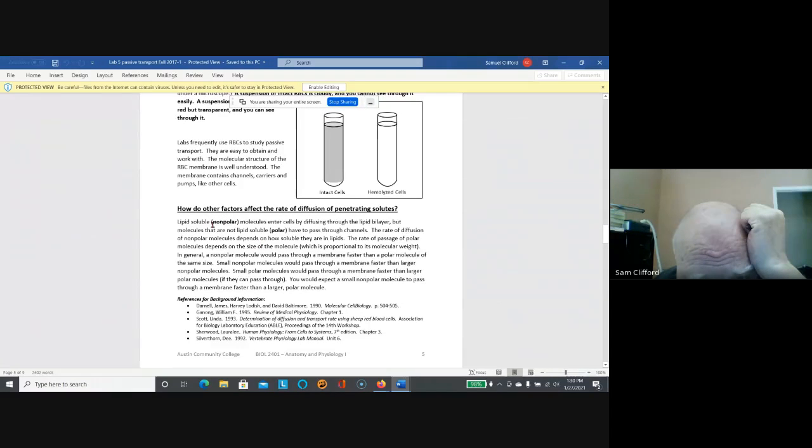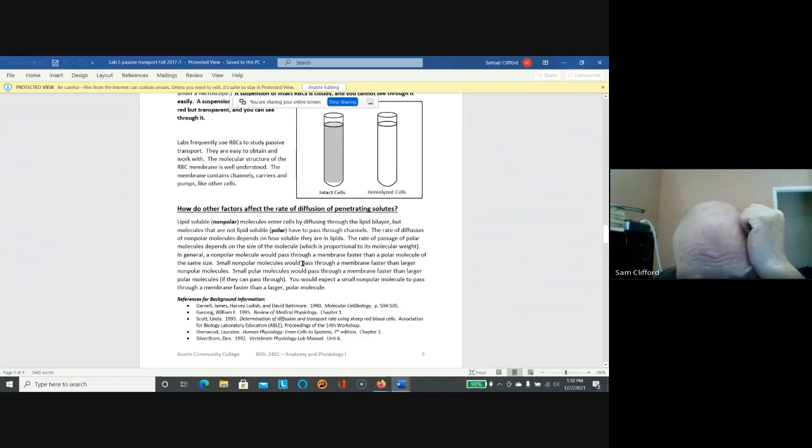So lipid-soluble molecules are nonpolar. They can diffuse through the lipid membrane. Other molecules that are polar have to pass through channels. The passage of substances depends on their size and their charge.